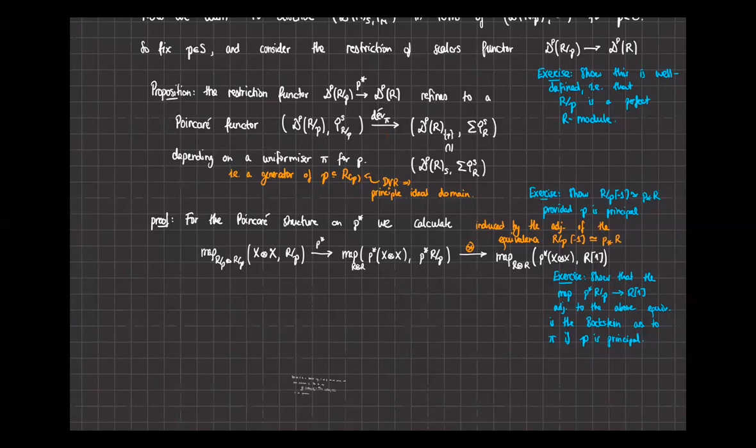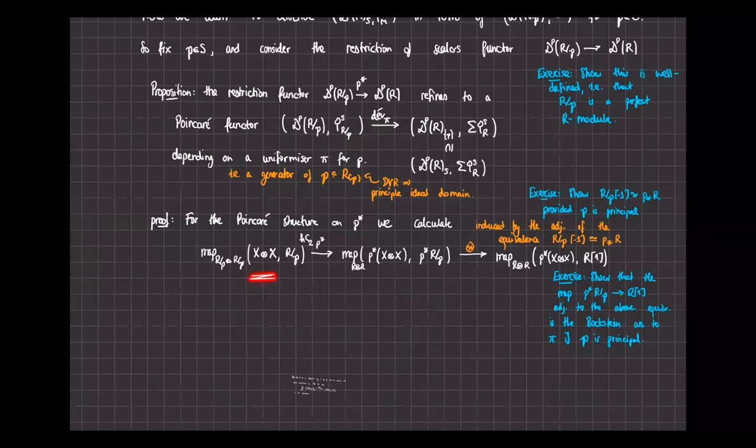Okay, so let's first discuss how we obtain the Poincare structure on this P upper star. What we have to provide is a map from the quadratic functor applied to an object on the left-hand side in this category. And that is given by that formula, right?